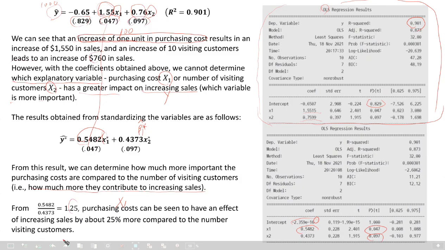You understand this interpretation? So x1 is more important than the number of visiting customers. How much? 25% more.